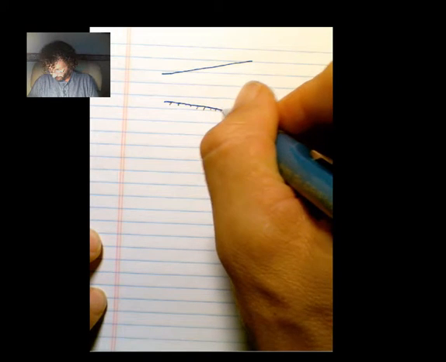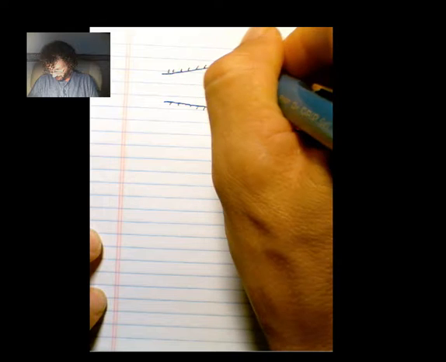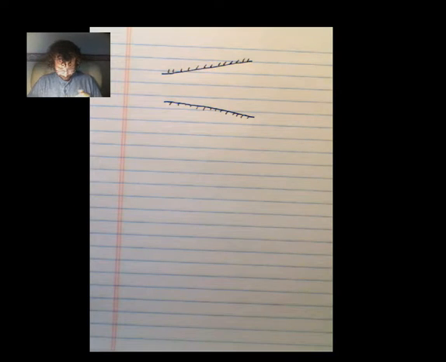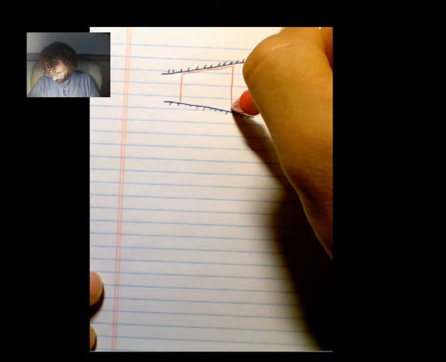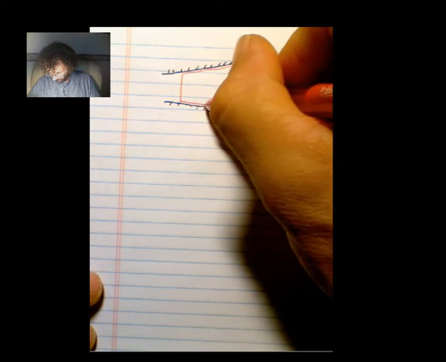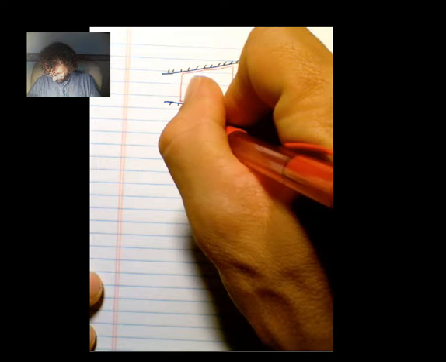So just something changing area. And let's just say for some reason we want to analyze flow in some section like this. And that's going to be the control volume.